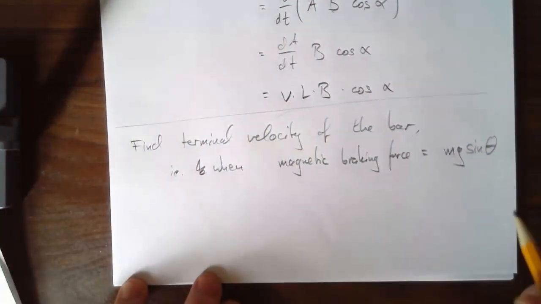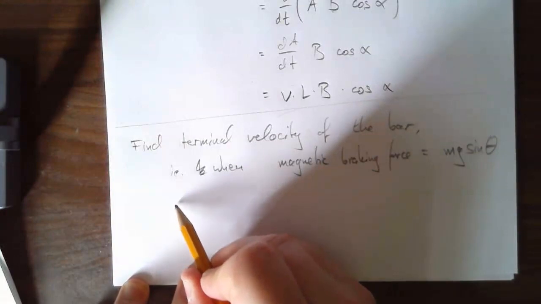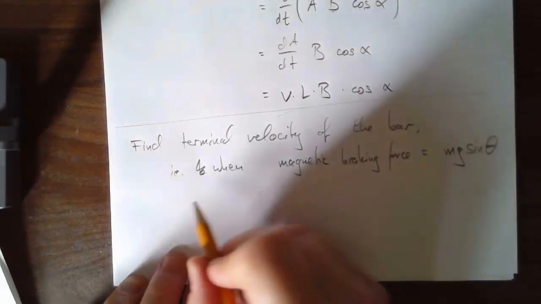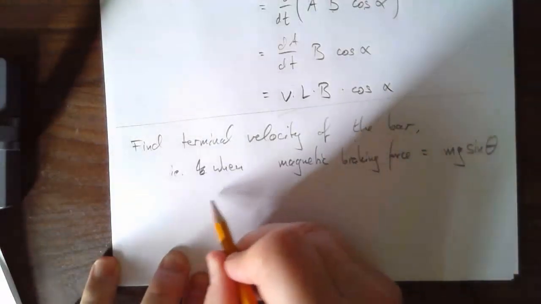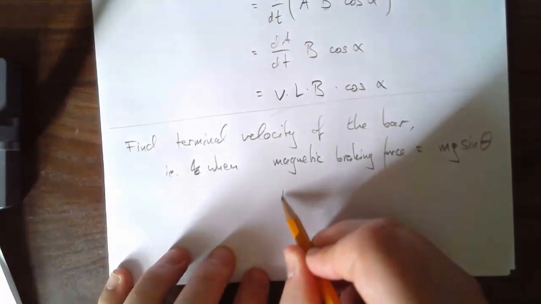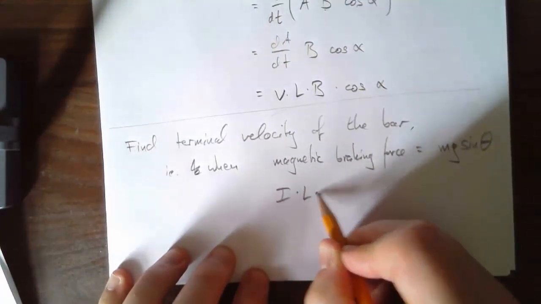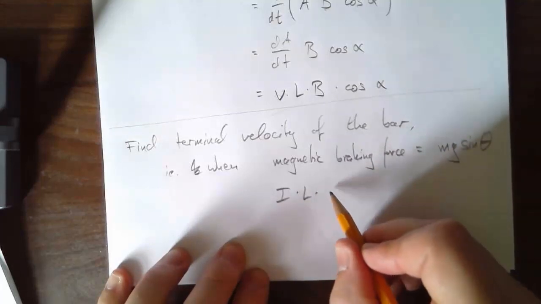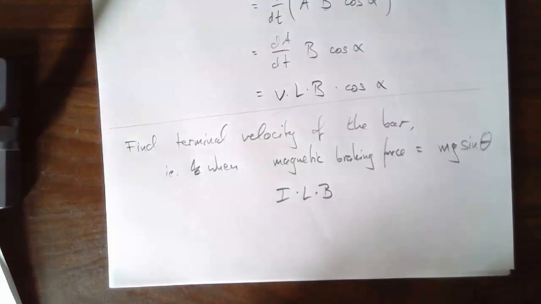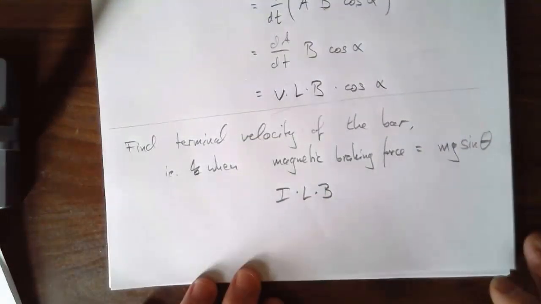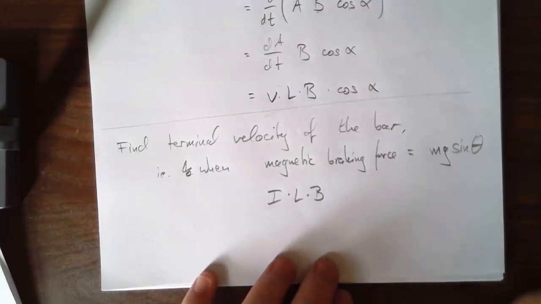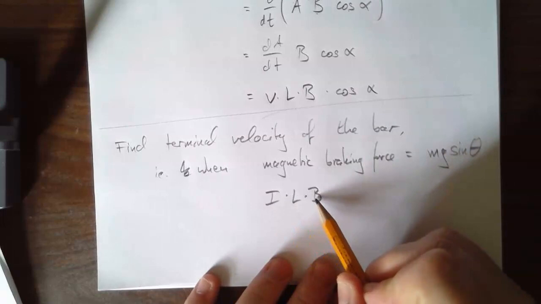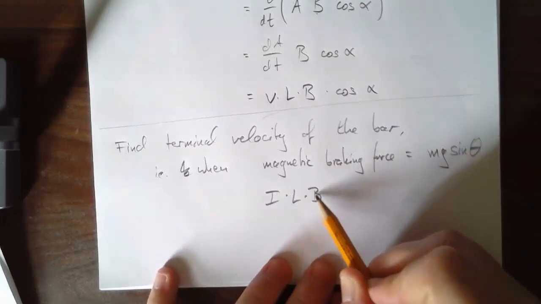So the braking force: this is of course the weight component down the hill, I assume you understand this part. The magnetic braking force is equal to I, the current, times L times B, because this is a current inside a wire of length L going through a magnetic field.